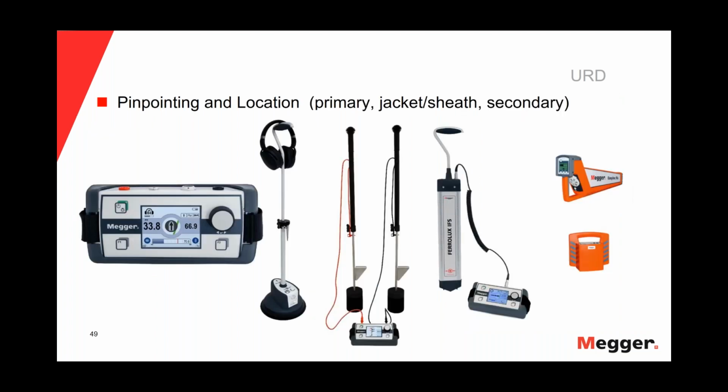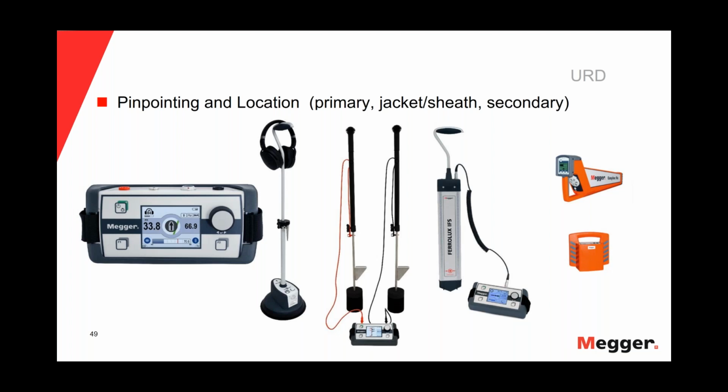We've talked about the pinpointing and location equipment. Again, here is that coincidence-based pinpointer on the left-hand side. If you look closely at the display, in this particular case, that operator was 33.8 milliseconds away from the fault. Right next to it, you can see the ground sensor with the headset just sitting on top of the handle. If you look in the middle of the picture, you'll see that same display unit, but with some ground probes. And the ground probes would be used for a voltage gradient method, a different technique for finding a fault.